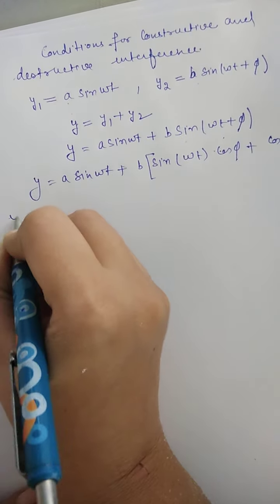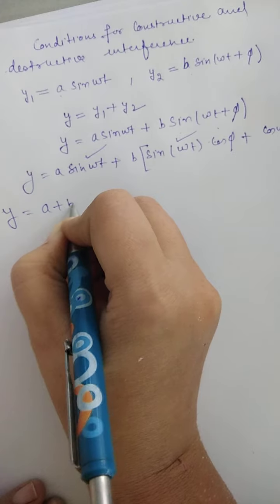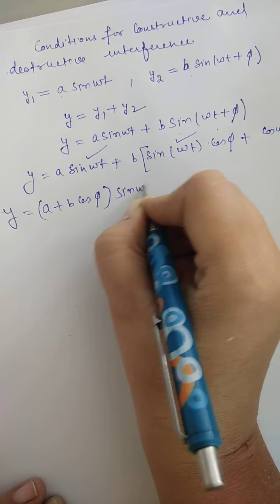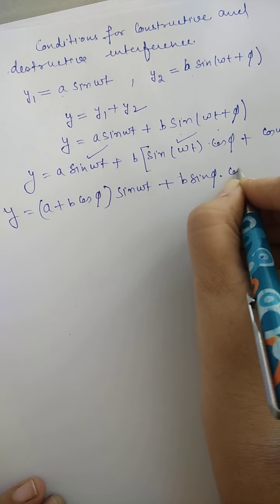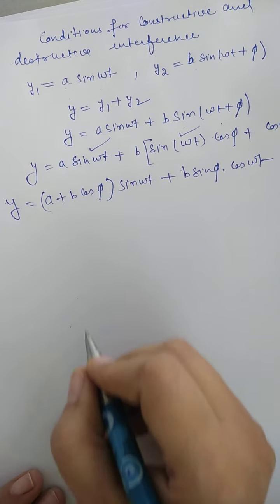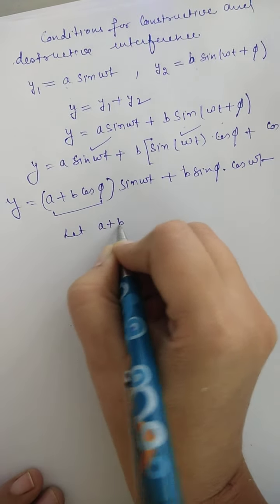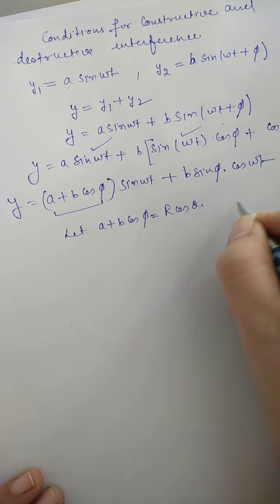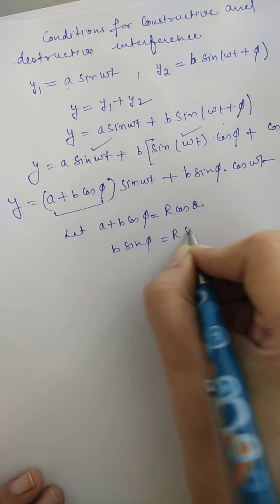So y is equal to, combining the terms containing sin omega t, (A plus B cos phi) sin omega t plus B sin phi cos omega t. Now, let us suppose A plus B cos phi is equal to R cos theta and B sin phi is equal to R sin theta.